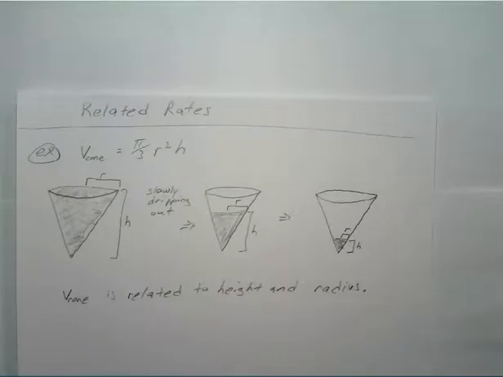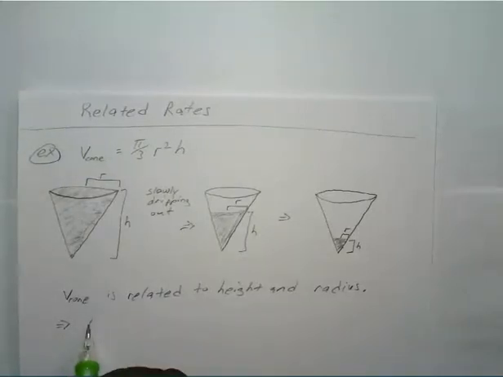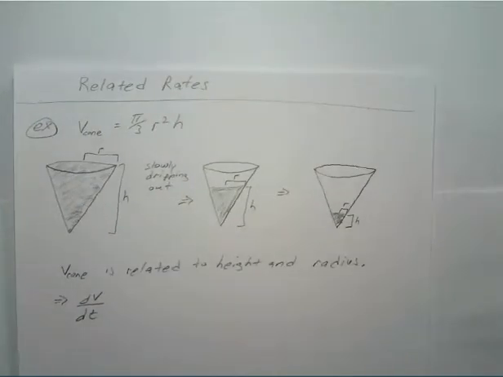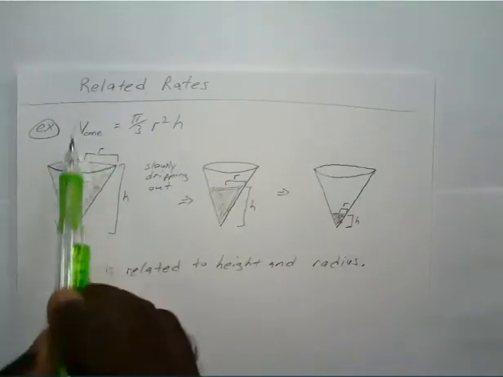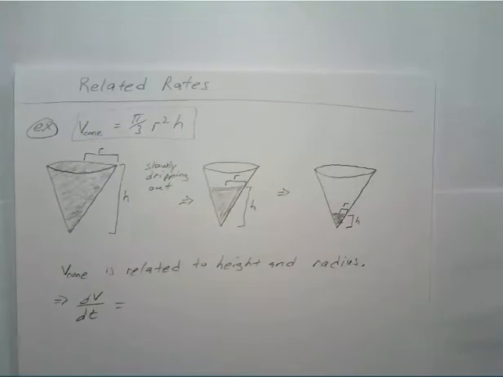Now, let's say we wanted to find the rate that the volume is changing. Okay, so the rate of change of the volume with respect to time. Alright, so now what we're going to do is find the derivative of the volume formula with respect to time.